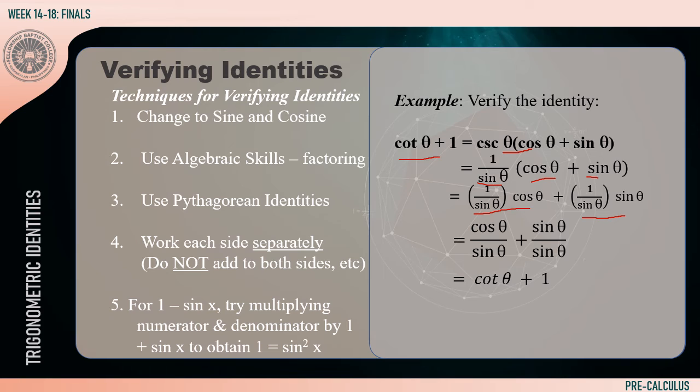So, we have cosine theta over sine theta plus sine theta over sine theta. So take note, sine theta over sine theta is equal to 1. So based on our ratio identity, cosine over sine is cotangent theta. So we proved and we verified the identity.